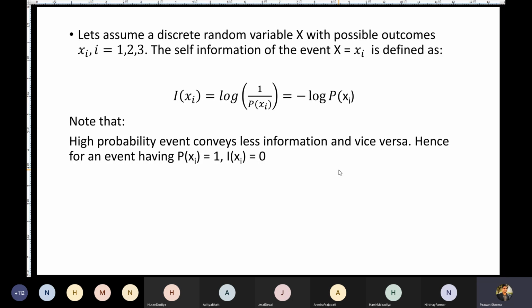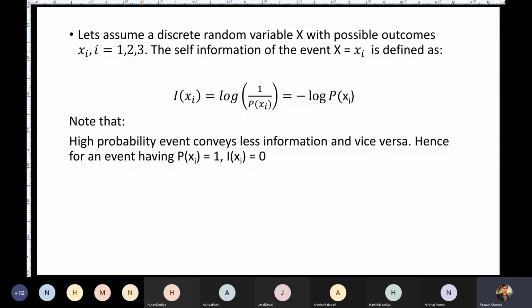Begin to conceptualize these through some mathematical formulation. Let's assume a discrete random variable capital X with possible outcomes small xi. That's how we denote it as a rule, where i can take index value as 1, 2, 3. So there are 3 possible outcomes.